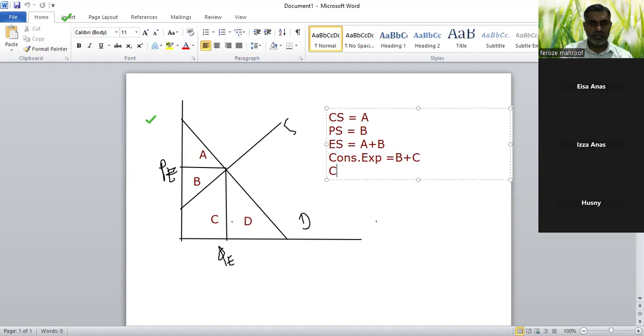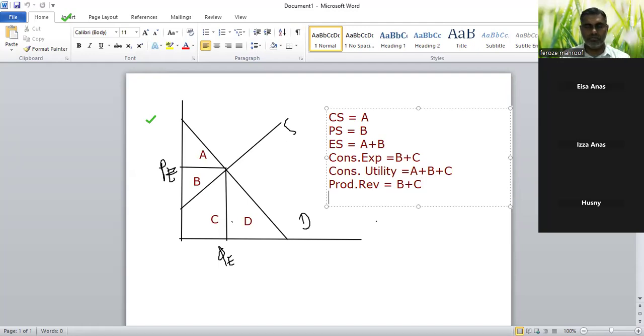So consumer utility, that is the total utility of consumers, is consumer surplus plus consumer expenditure. So what comes? A plus B plus C. Consumer utility, the total utility of consumers, is ABC. Similarly, producer revenue, the total revenue of producers, is B plus C. You know that in a situation without government, consumer expenditure and producer revenue are the same.